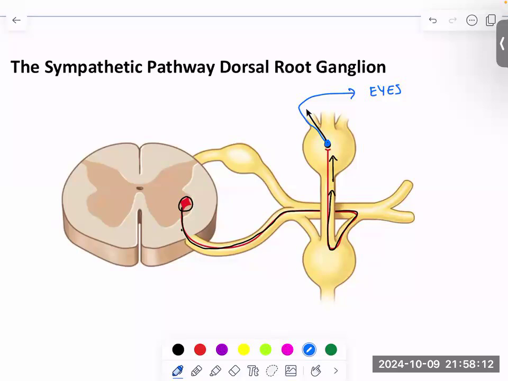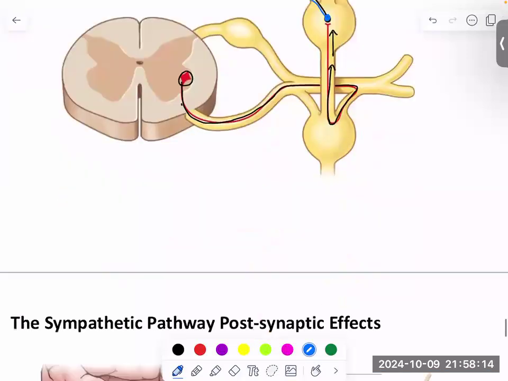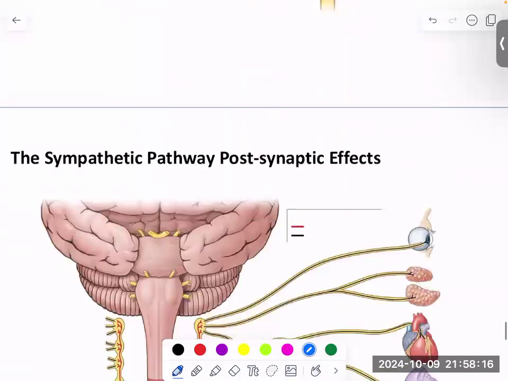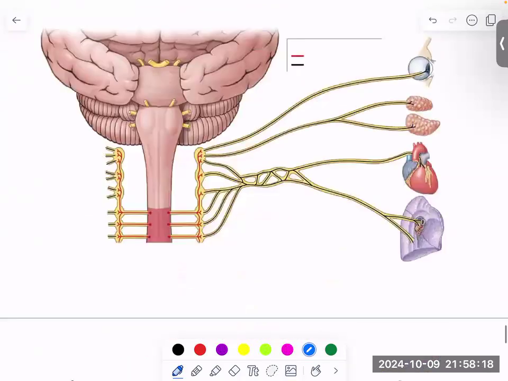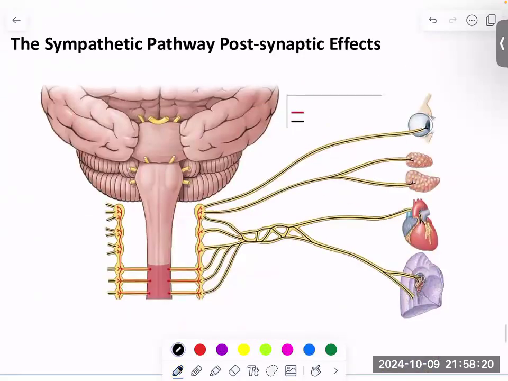The sympathetic trunk ganglion runs along the spinal cord, so the neuron can start here and then go back up to get recruited at the sympathetic trunk ganglion to get to your eyes.